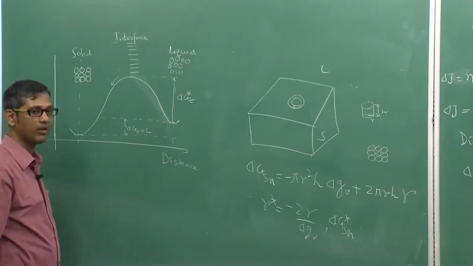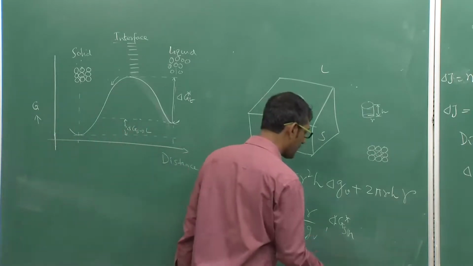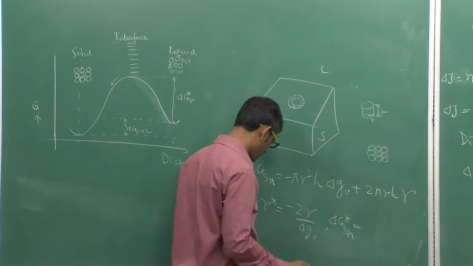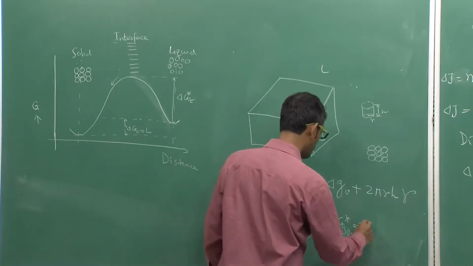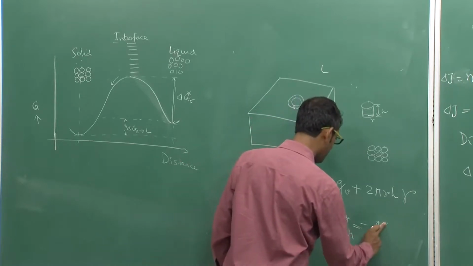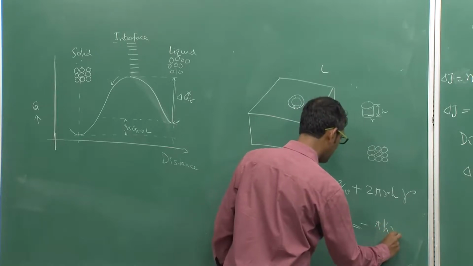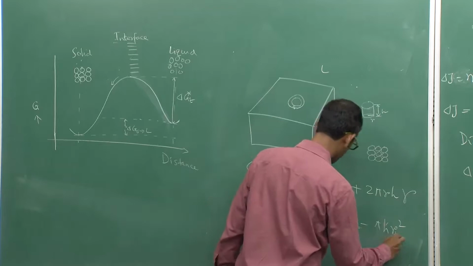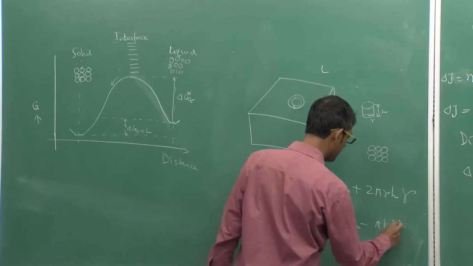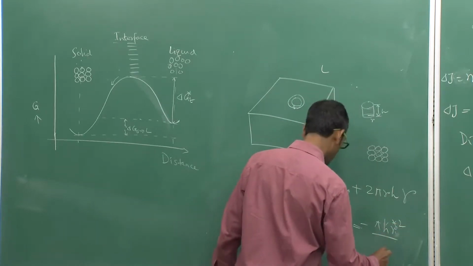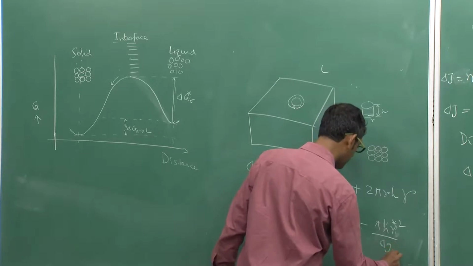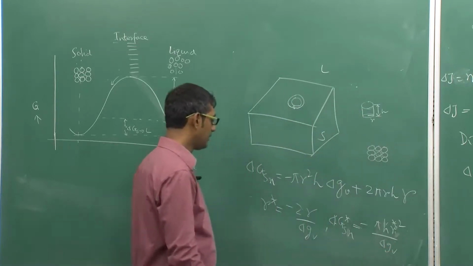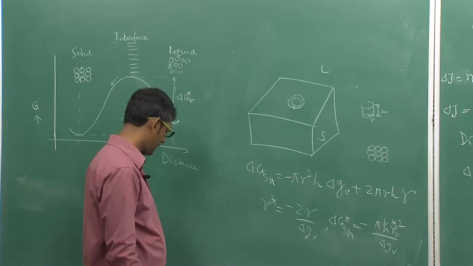Migration things will always be there, but this is an extra term coming into the calculation. If you do the proper calculation, it will be pi h r star square divided by delta G_V. Okay.